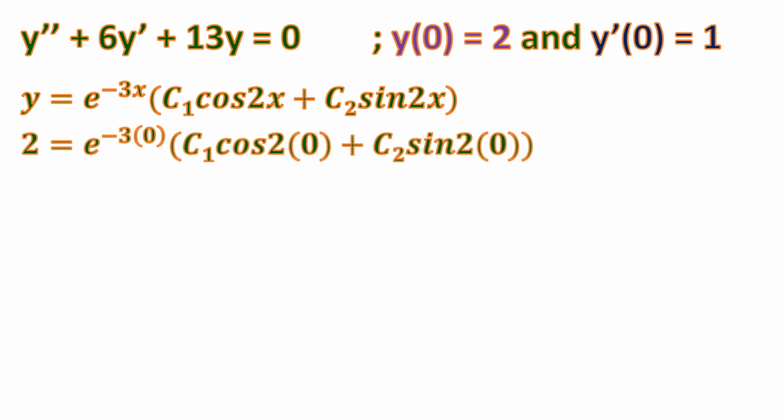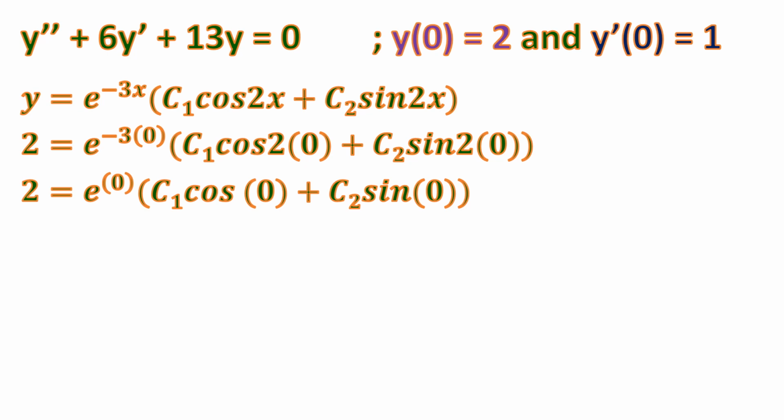So substitute. If x is 0, y is 2 based on the first initial value. So we're going to substitute all x by 0 and y by 2. Let's simplify: e raised to the 0, and for the angle of cosine and sine, 2 times 0 is 0.